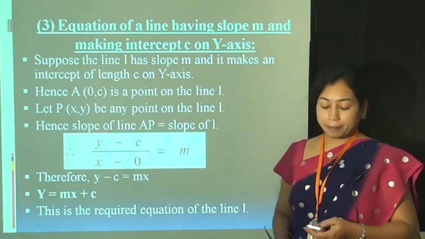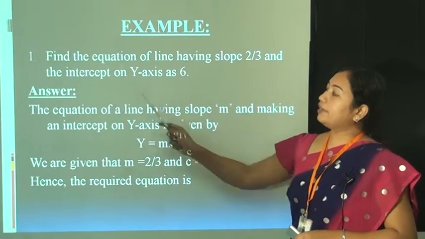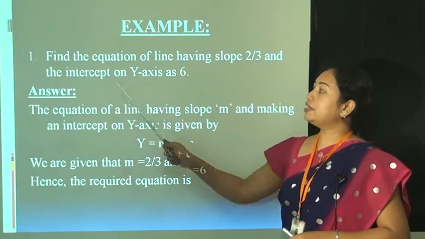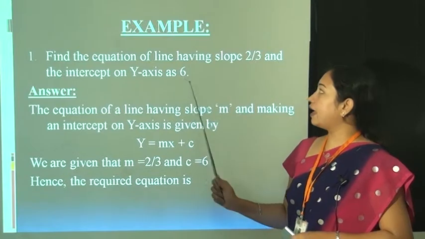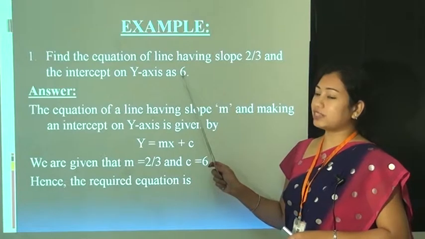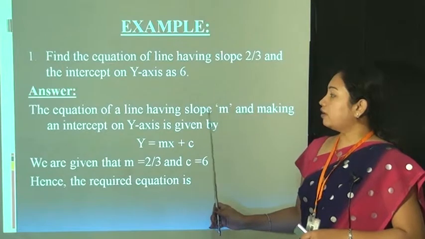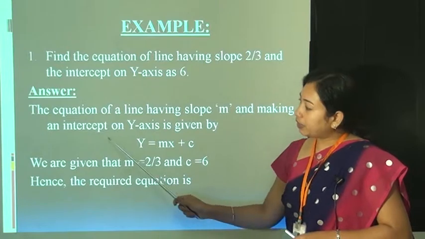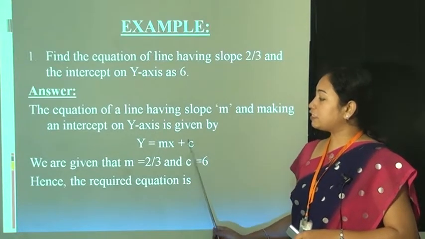Now let's take an example based on this equation. Find the equation of the line having slope 2/3 and intercept on the y-axis as 6. That means we have to find the equation of a line with slope 2/3 and making an intercept c on the y-axis. The equation of a line having slope m and making intercept c on the y-axis is given by y is equal to mx plus c.